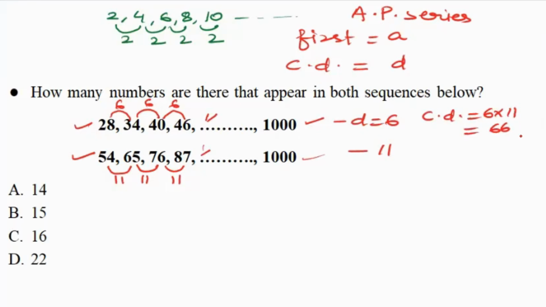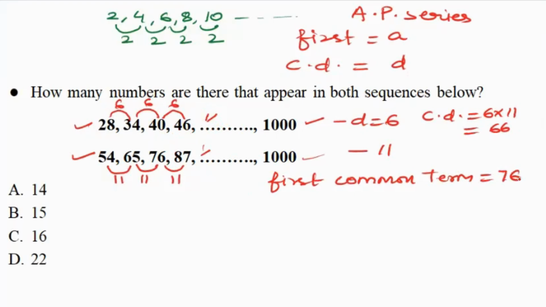If we proceed like that, we find that the first common number is 76, when we proceed with this series further. So the first common term in both the series will be 76.